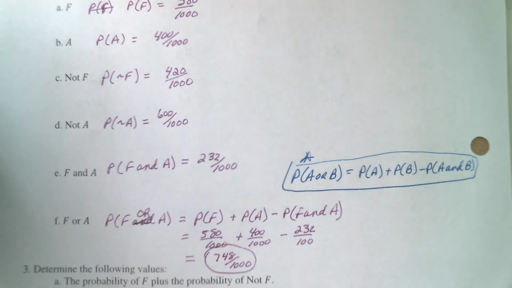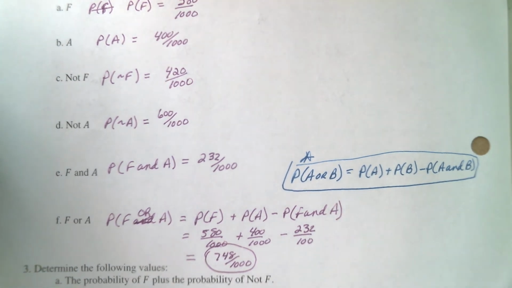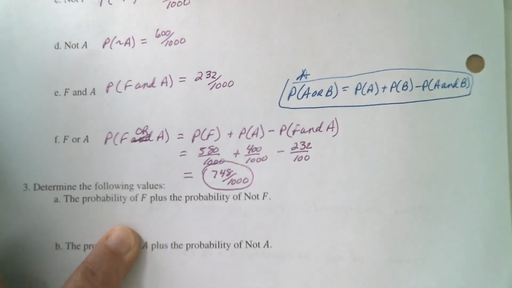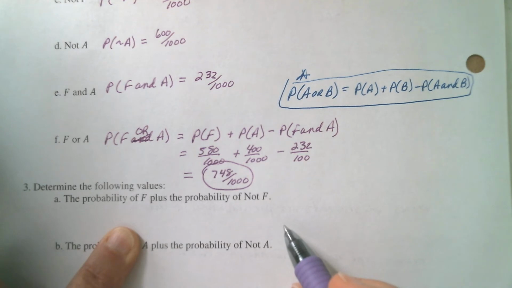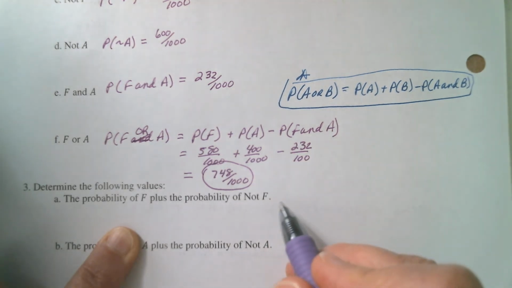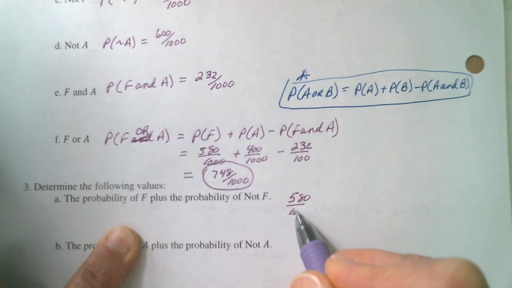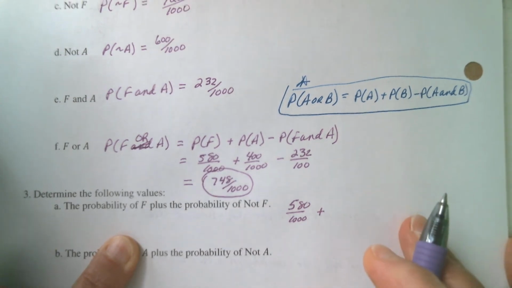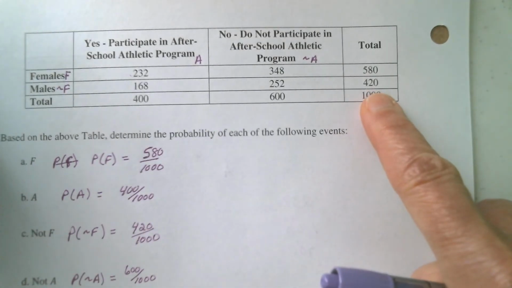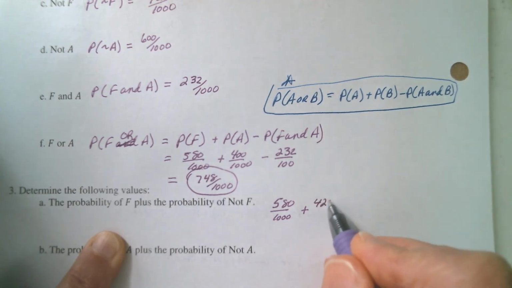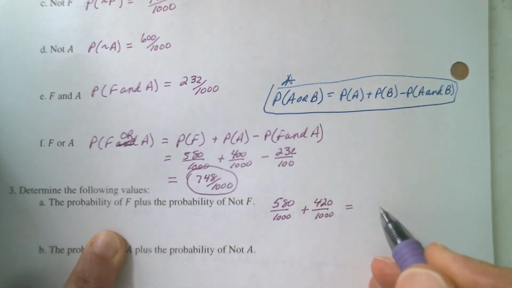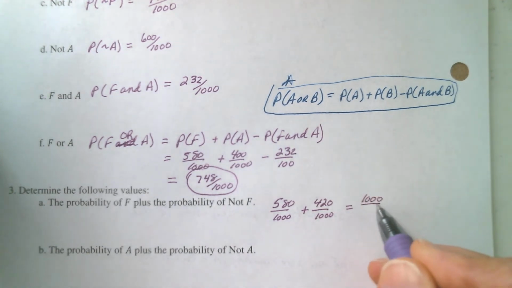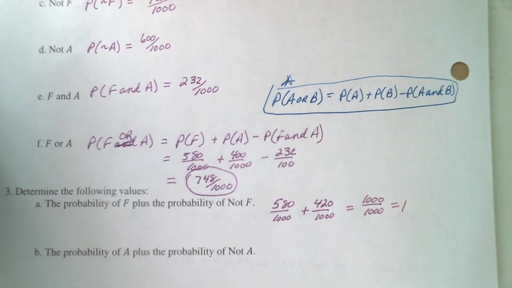Determine the following values: the probability of F plus the probability of not F. So the probability of F is 580 over 1,000 plus the probability of not F, which is 420, which is 1,000 over 1,000, which equals 1.